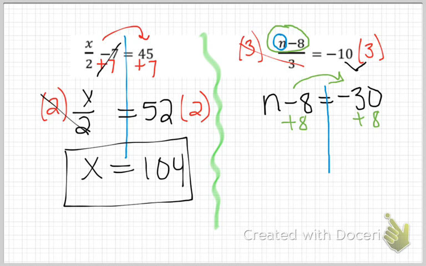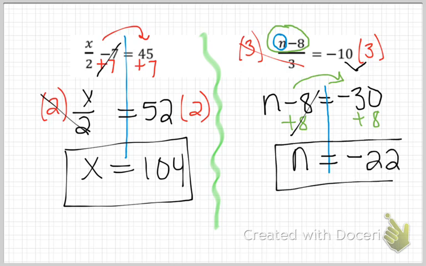Draw a line. That cancels out, so then we have n is equal to negative 30 plus 8, which gives us negative 22. And I suggest that you really use your calculator on your phone, whatever you have. Check these values. The answer is negative 22.